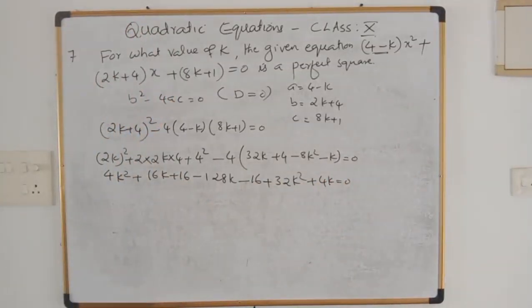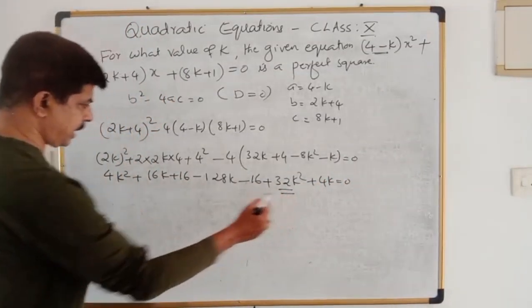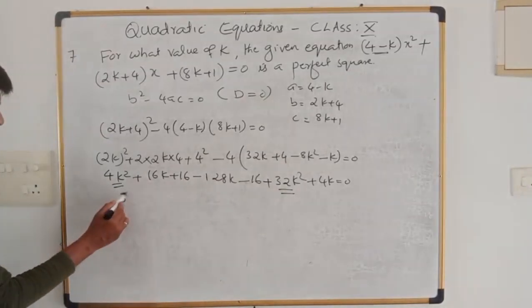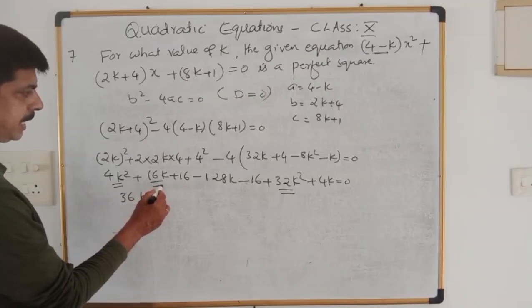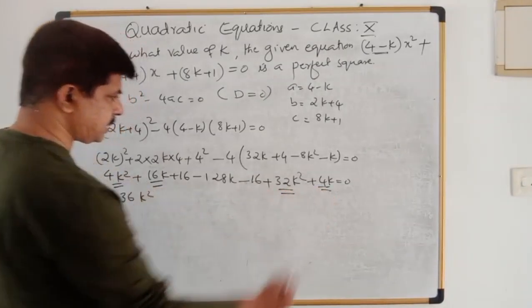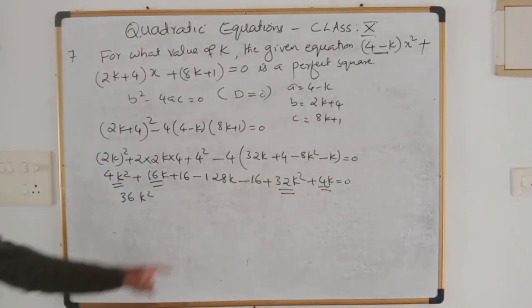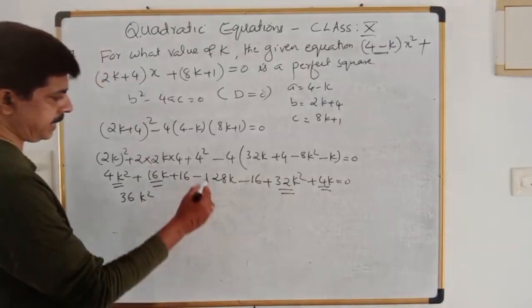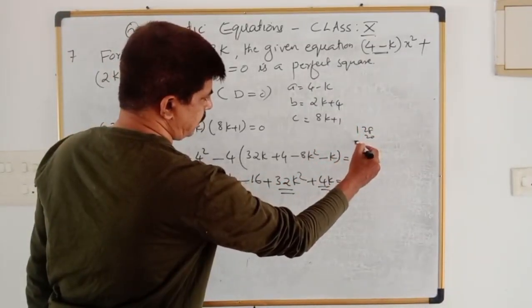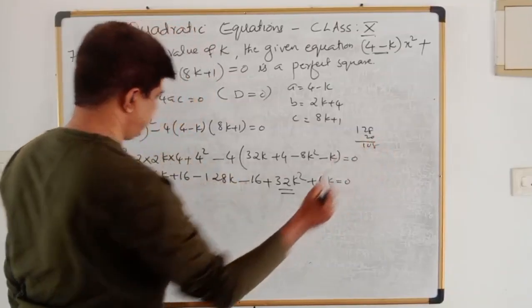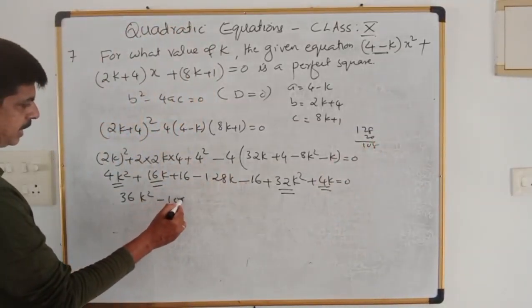Is there any like terms to add? We have 32k square, 4k square becomes 36k square. Now k terms: 16k, 4k, how much? 20k. 20 and 128, how much? 128 and 20, you know the difference, we get 108. Okay, negative 108.